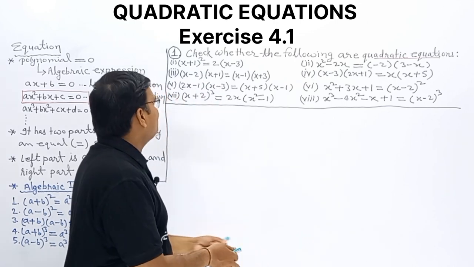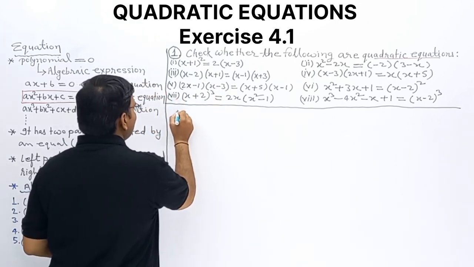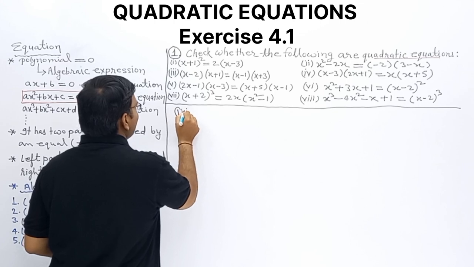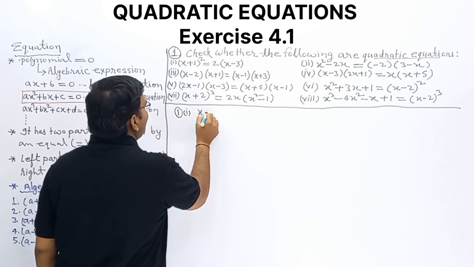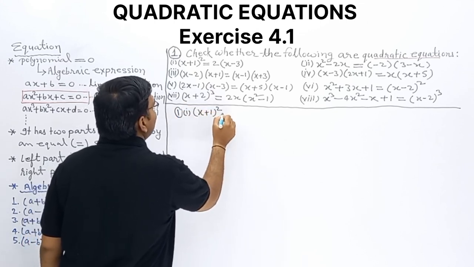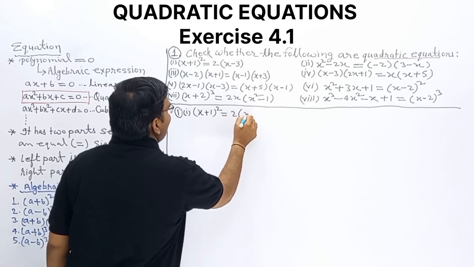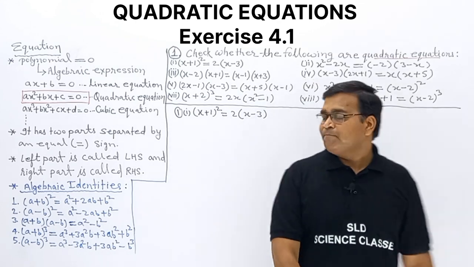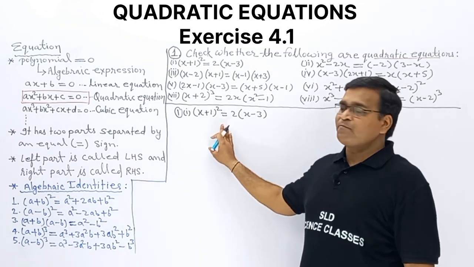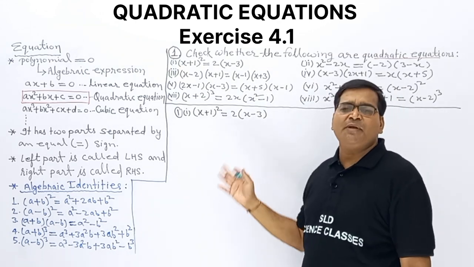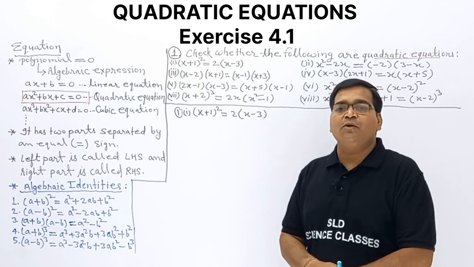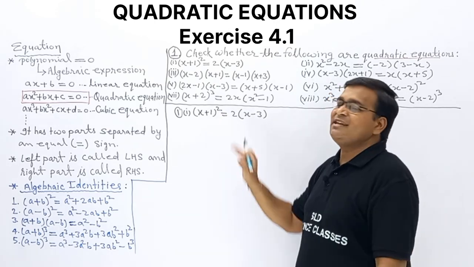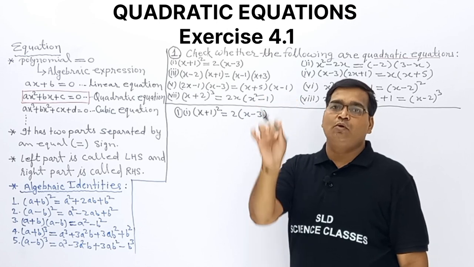Now I am taking the first question. Observe carefully. X plus 1 whole square equal to 2 times of x minus 3. This is one algebraic expression. We want to check whether this one is a quadratic equation or not.